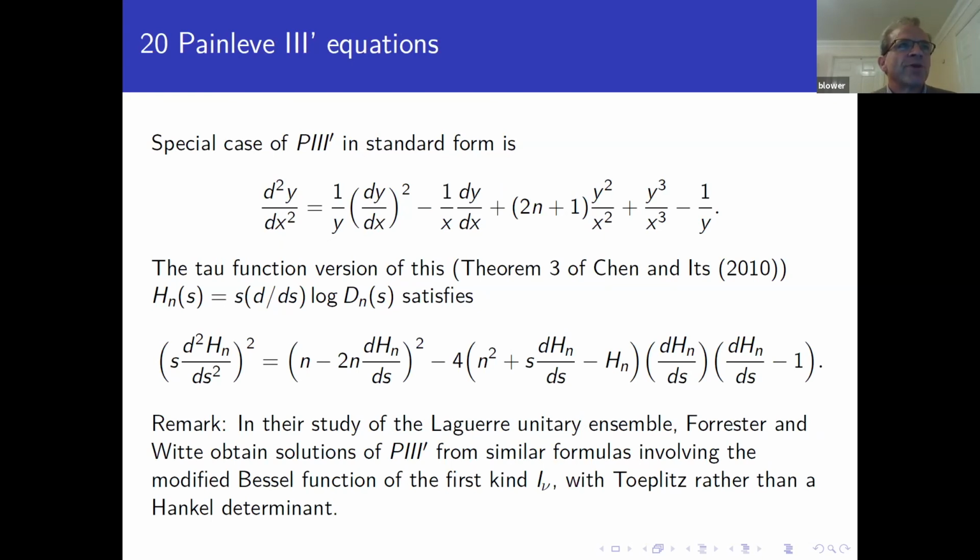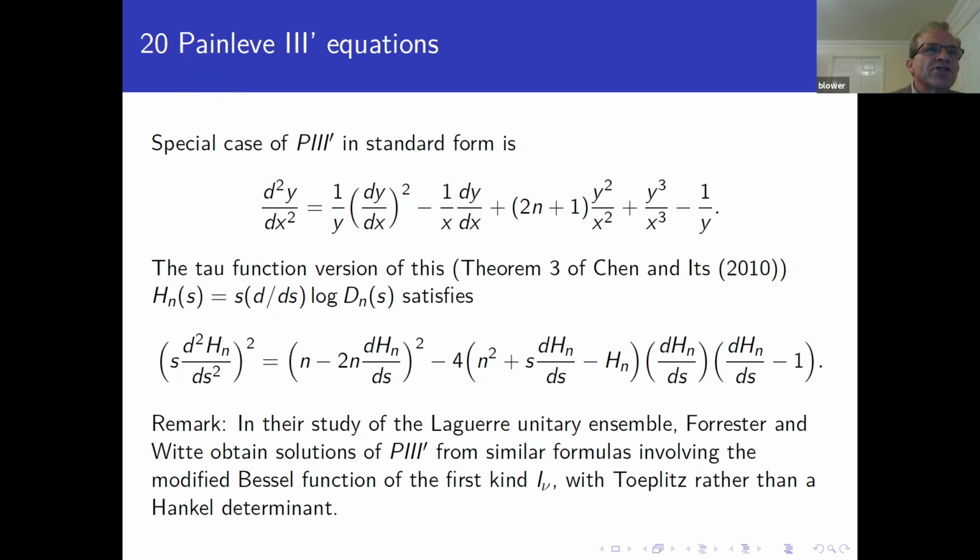the particular version of Painlevé III we're talking about is going to involve this n, which is the size of the matrix. And the standard way of writing Painlevé III is in terms of a dependent variable y and an independent variable x. You have to do a certain amount of change of variables to get this x into the s that we're using.